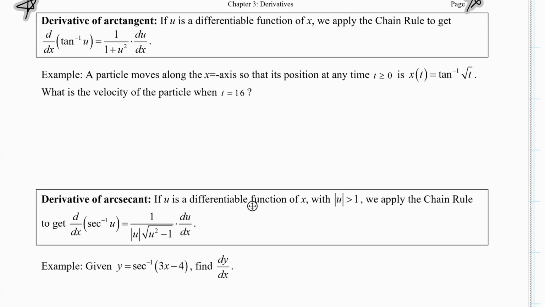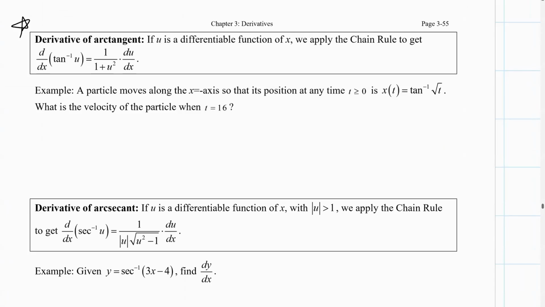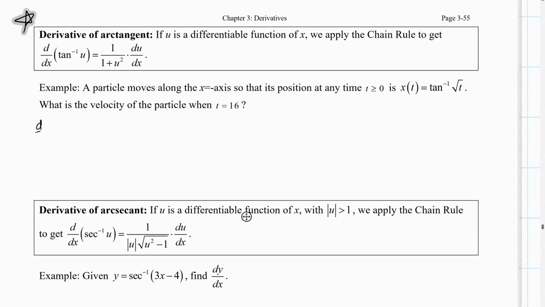So I'm going to take the derivative with respect to t of x of t, which is the derivative with respect to t of inverse tangent of the square root of t. All right, x prime of t, the derivative of a position with respect to time. We have another name for that. We'll call it velocity.